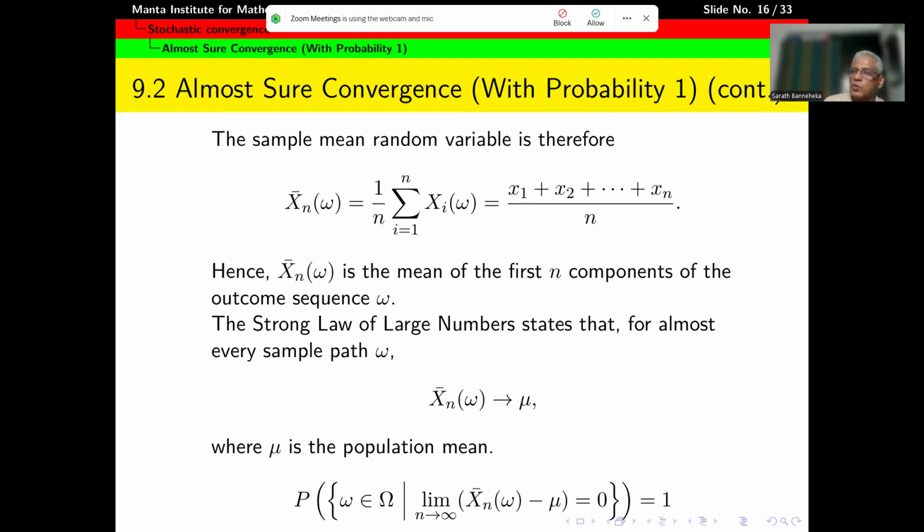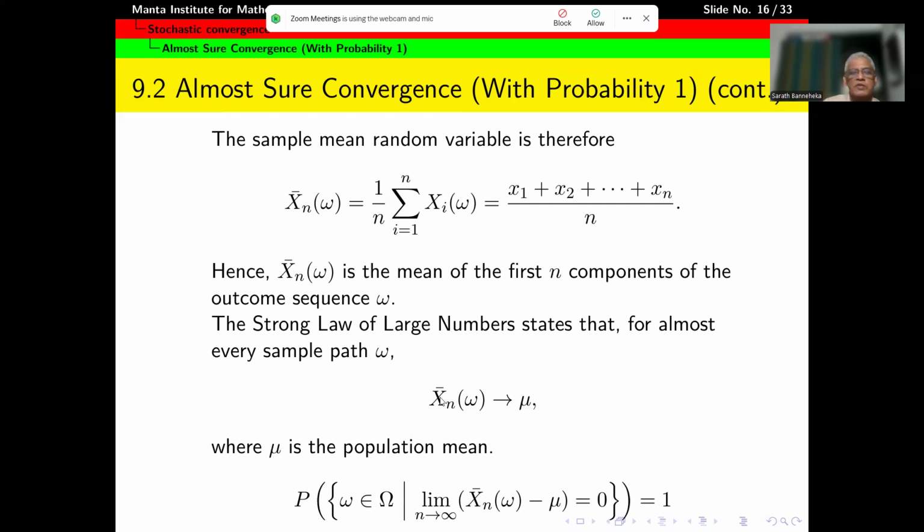Right? So if you consider all the sequences of observations, infinite observations, then there might be one or two sequences where this doesn't happen. But if you consider the set of omegas where this happens, then the probability of that set will be equal to 1.